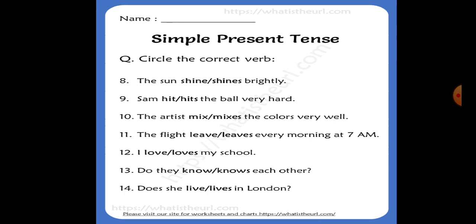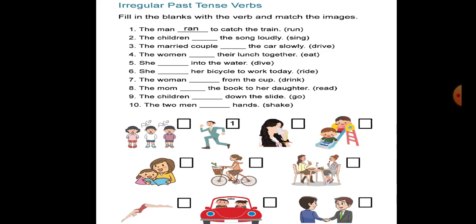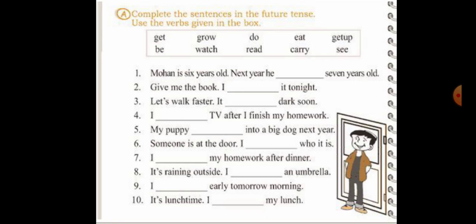Okay. First one, you see, circle the correct verb. Simple present tense, you have to circle the correct verb. Then fill in the blanks with the verb and match the images. You have to fill the blanks and you have to match the images with the blanks. Then complete the sentences in the future tense. Use the verbs given in the box.